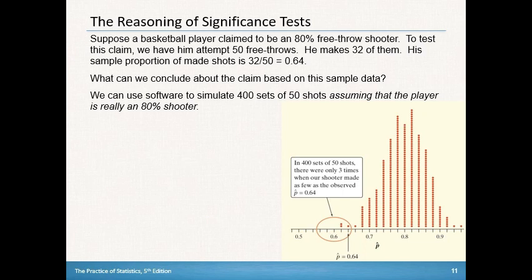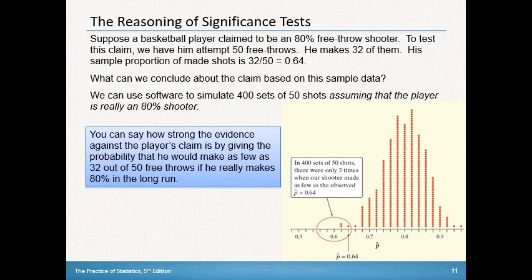How likely is it that he would only make 64% or less of his free throws? You can see it's circled there: there are only 3 out of 400 attempts that were as low or lower than 64%.